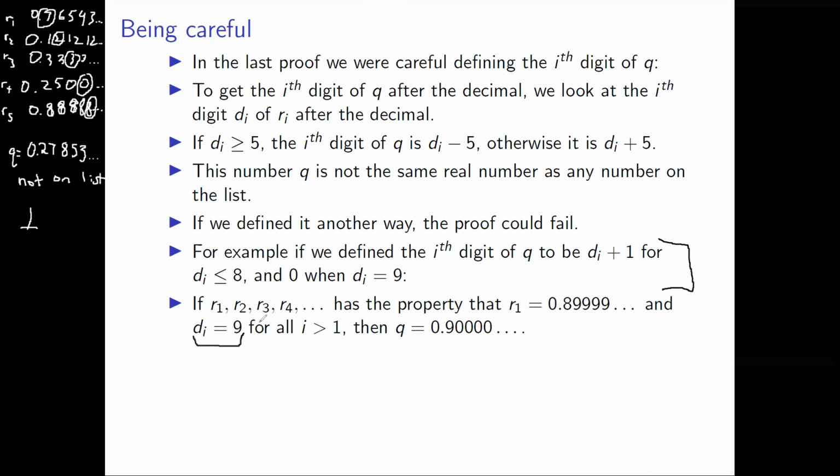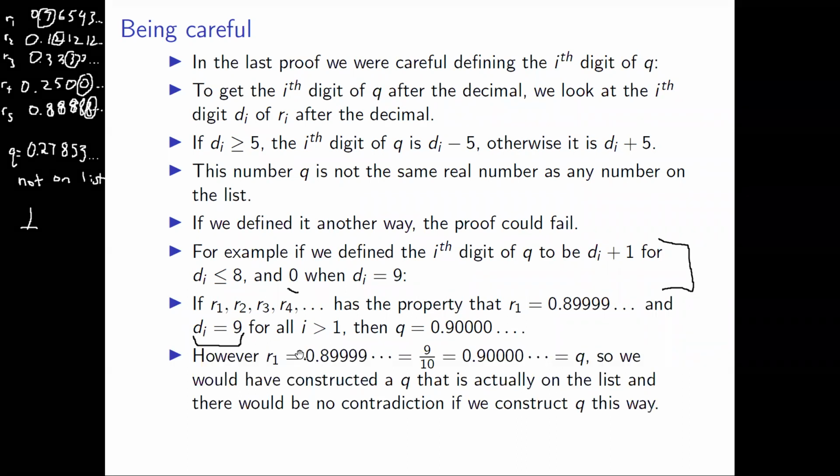These are all 9, so we would get 0. So we get 0.9000 repeating forever. And notice here that R1, which was 0.89 repeating forever, is equal to 9/10. And 9/10 is the same as 0.90 with the zeros repeating forever. And that's Q. So we constructed a Q which was actually on the list. So that doesn't give us the contradiction.